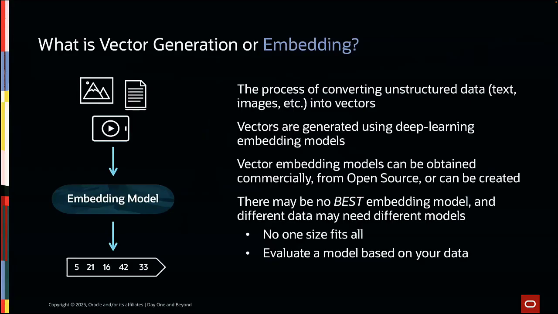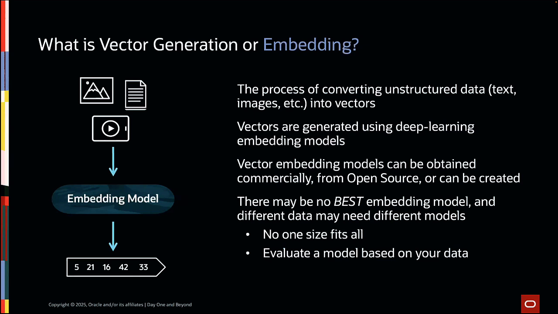So if we look at creating or generating vectors, it's a process where we convert this unstructured data using these embedding models. And I mentioned this earlier, right? They're generated using deep learning embedding models, and these embedding models are available commercially or from open source.